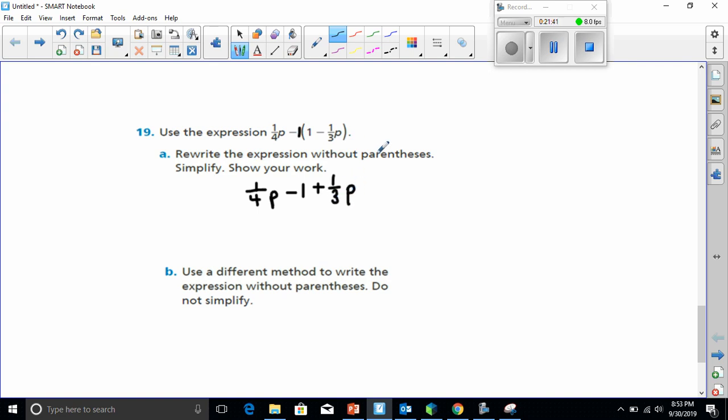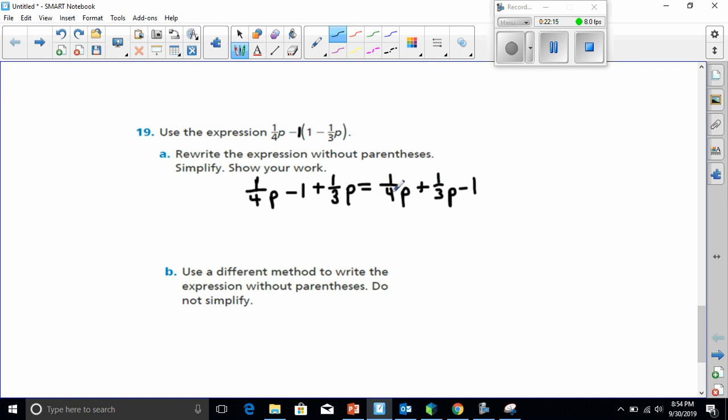Then it says simplify and show your work. Now I've got 1/4 p plus 1/3 p. Let's rewrite this to put our expressions together. That would be 1/4 p plus 1/3 p, and then -1. All we did was rearrange these numbers. For 1/4 p plus 1/3 p, we have to make these denominators the same.